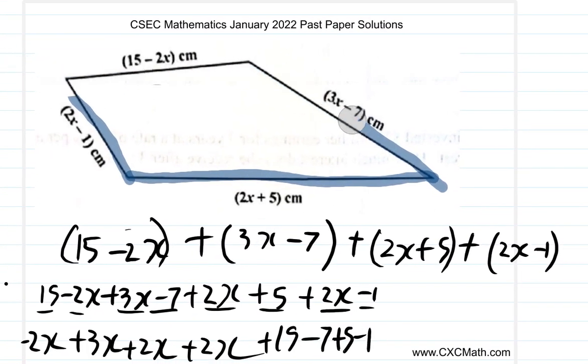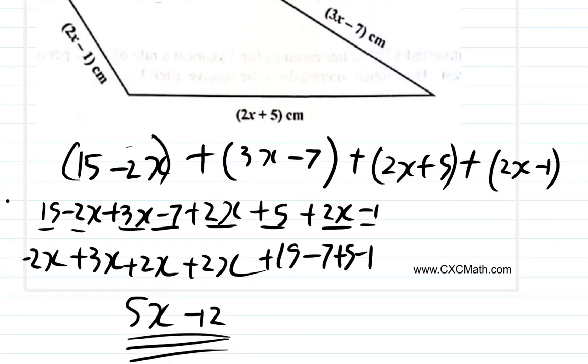For the perimeter, what we have is 15 minus 2x plus 3x minus 7 plus 2x plus 5 plus 2x minus 1. Just carefully looking through, because I wanted a nice, clean, neat number.